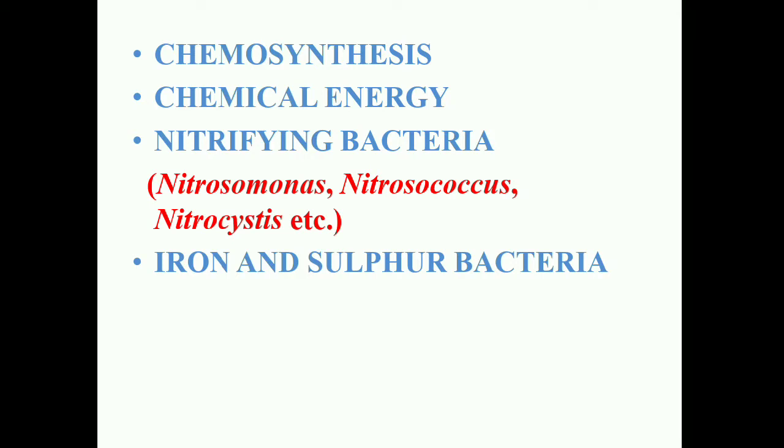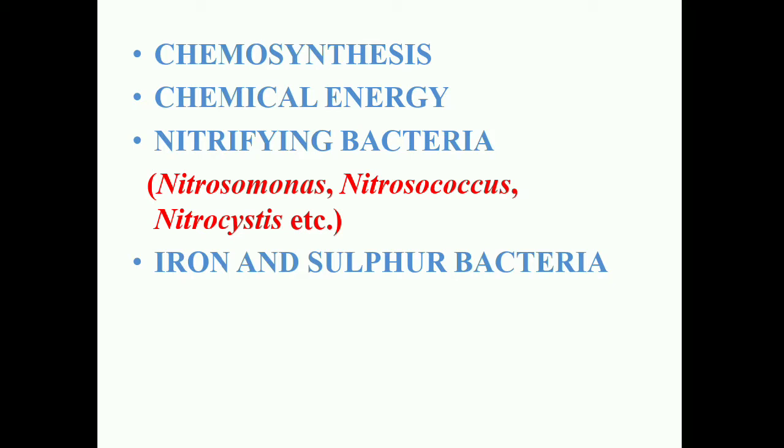Like nitrifying bacteria, these are very important bacteria for the nitrogen cycle. They help in nitrification activity: Nitrosomonas, Nitrosococcus and Nitrocystis. What they do? They convert ammonia to nitrites and then to nitrates during the nitrogen cycle. And this conversion of ammonia to nitrites and then oxidation of nitrites to nitrates release chemical energy.